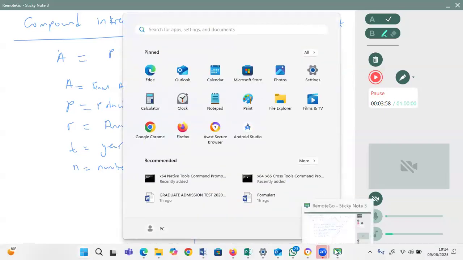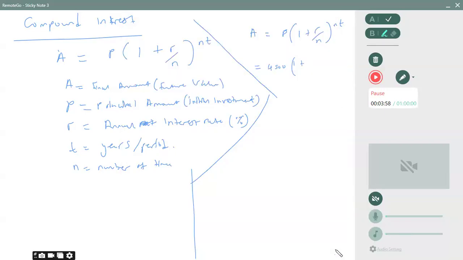The rate was 5%. Good. Now 5%, if you write it in decimal, will be 0.05.